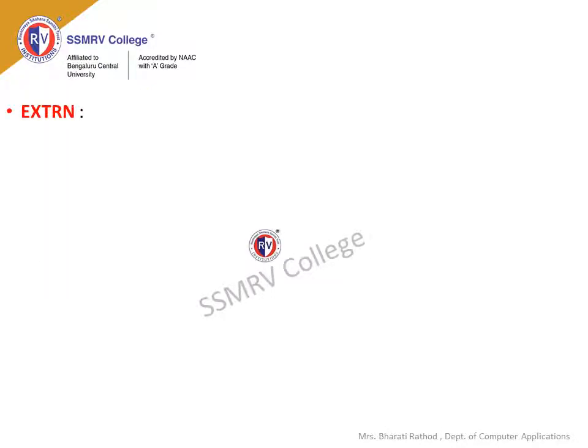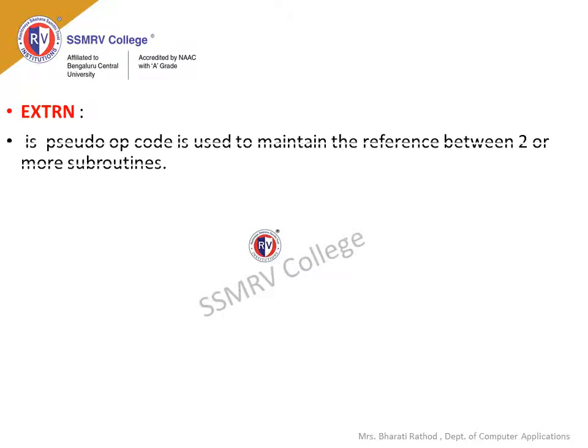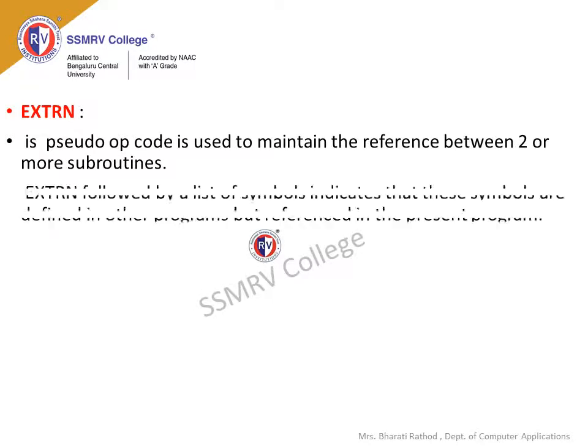Let us study about external and entry pseudo-ops. Before that, we will see the definition of pseudo-ops. It is an assembly language instruction that specifies an operation of the assembler. The external pseudo-op is used to maintain the reference between two or more subroutines.